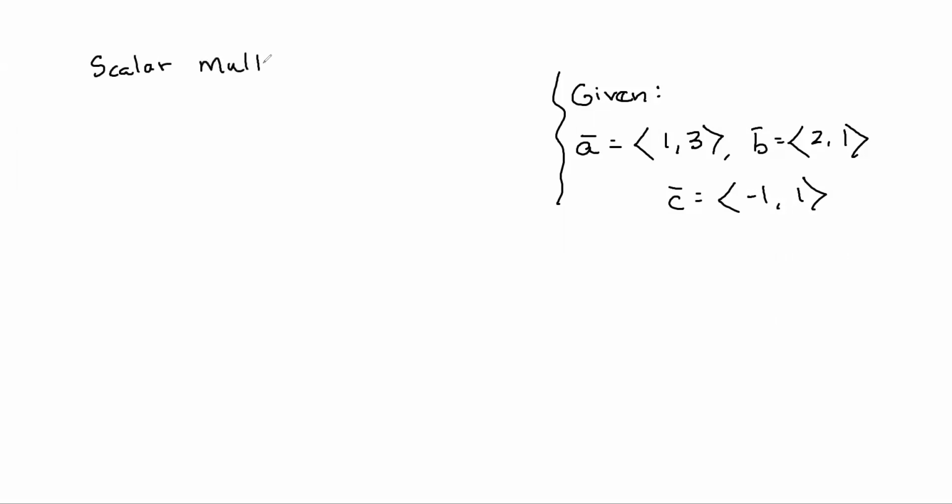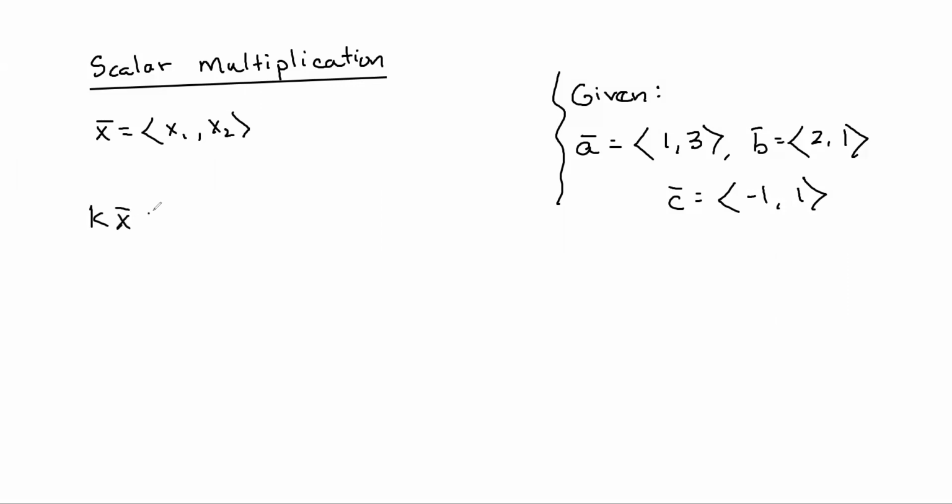So we have scalar multiplication. And let's stick with x. We have x. X is x1 comma x2. Then if we're trying to find a scalar multiple, which we're going to use letter k for generic scalar multiple, this would be k times x. To go through and calculate that, we do k x1 comma k x2.